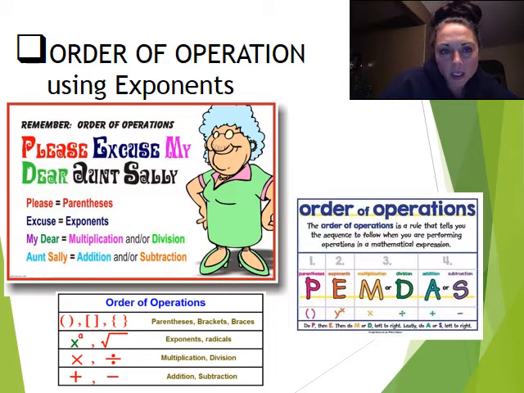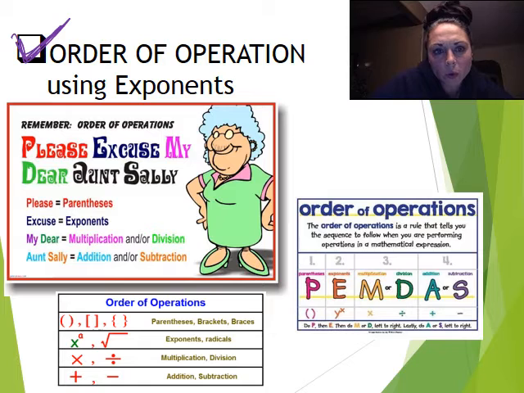So the next thing on our checklist is order of operations using exponents. So this is a review of your order of operations. You can use the acronym please excuse my dear Aunt Sally, or PEMDAS, because parentheses is another word for brackets. We here also use BEDMAS.